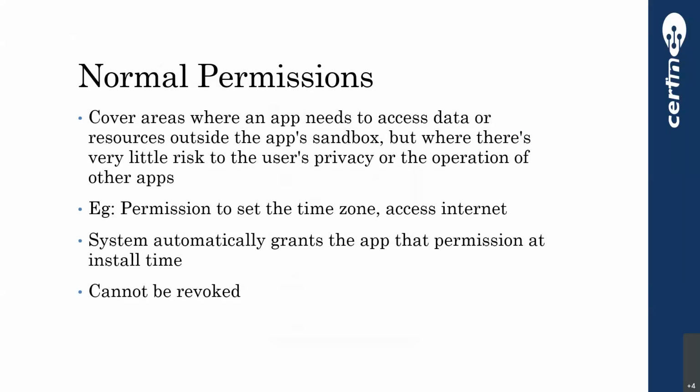So once you've given the internet permission while installing the application itself, it cannot be revoked. And most of the time it has been understood that these permissions are not required to be revoked by the user anyway, because if an application is asking for the internet permission, it will not function without it.